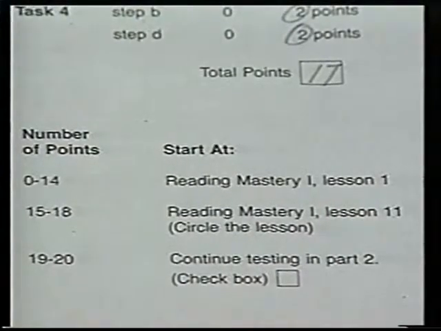If the student scored 19 or 20 points on Part 1, you would continue administering the test and go on to Part 2. Before you see a demonstration of Part 2 of the Reading Placement Test, I'll give you more information about students who scored 0 to 14 points and therefore will not be taking Part 2 of the reading test.